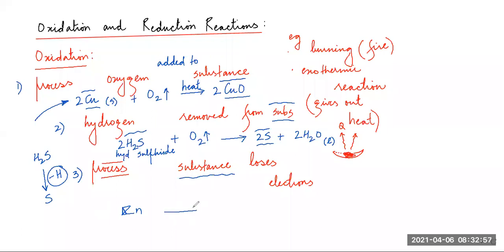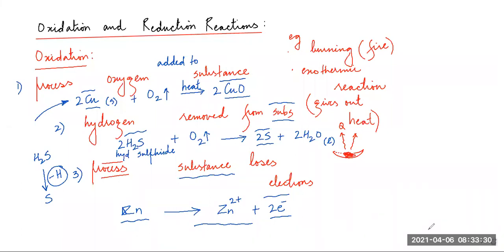Zinc splits into the cation zinc with a charge of 2 positive plus 2 electrons. Here you see the zinc has released electrons, or you can say zinc has lost electrons. So this reaction is an oxidation reaction. Am I right?